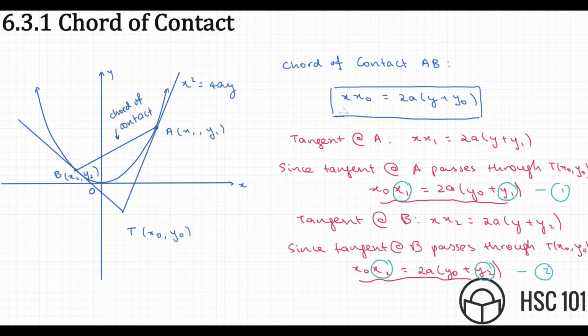So therefore, if I've got a line that passes through A and B, that line must be given by x x0 equals 2a times y plus y0, because the coordinates of A and B satisfy this equation. And if I know that I've got a line and both points satisfy the equation of a line, then the equation of AB must be given by x x0 equals 2a times y plus y0.